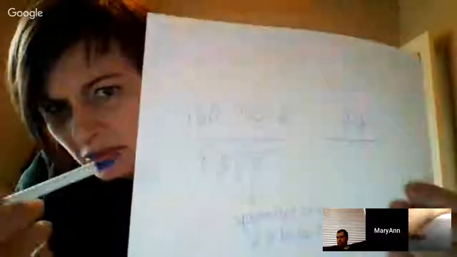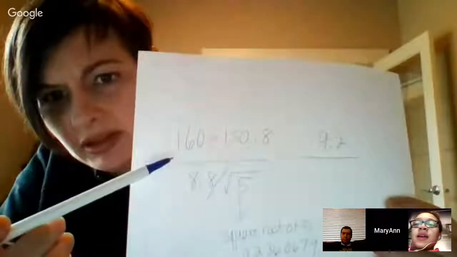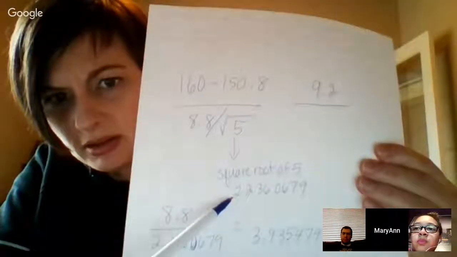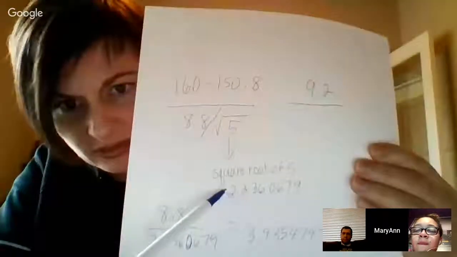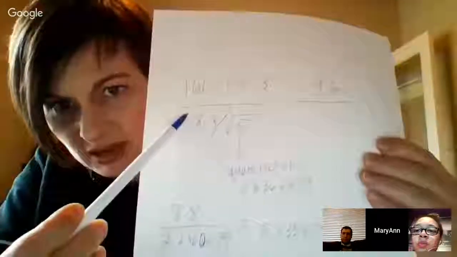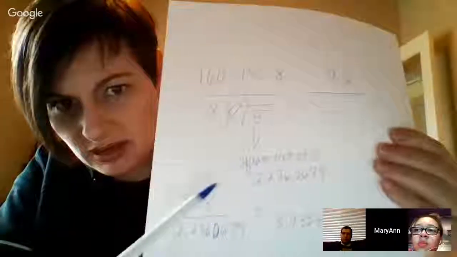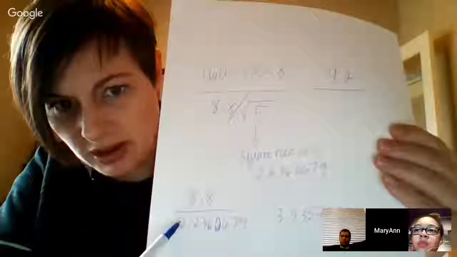Okay, so does that help? So here's the original. Yeah, I can see it. Okay. So the square root of that is here. That's the answer, the 2.2360, that's what the square root of 5 is. I'm then going to take the 8.8 and divide it by that answer right here.